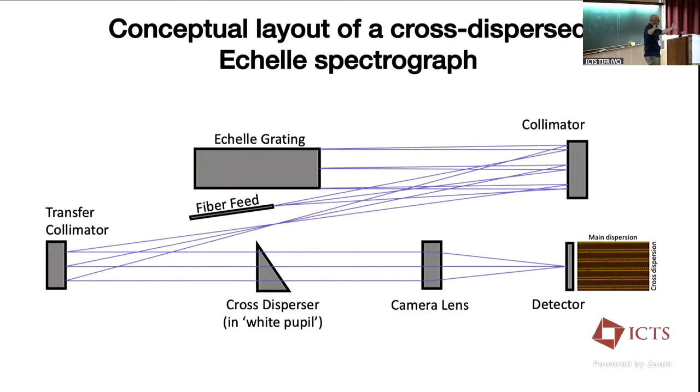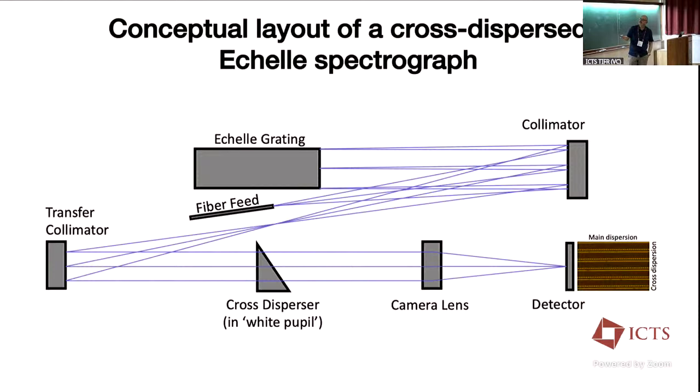In order to avoid that it becomes too big, you refocus it and you recollimate it here, and you place the cross disperser at the image of the white pupil. Basically, this is an optical image location of the Eschel grating, where the beam is still white, it's undispersed. That's why it's called white pupil. The beam is undispersed and white, and you re-image this here, and you get a white pupil.